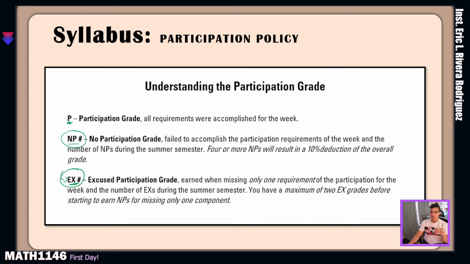If you miss two components on that week, you are going to receive straight no participation grade. All right. Remember, why do I include the number here? That way, you are going to know how many NPs you have or how many excused weeks you have used. Remember, 4 or more NPs will result in a penalty of 10% on your overall grade.